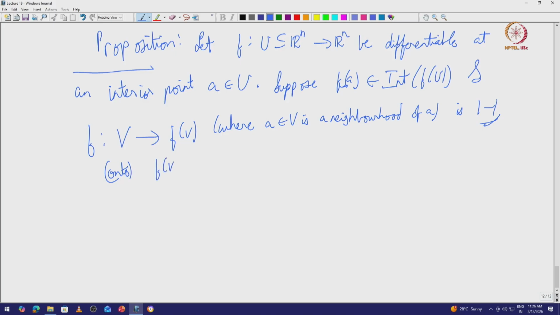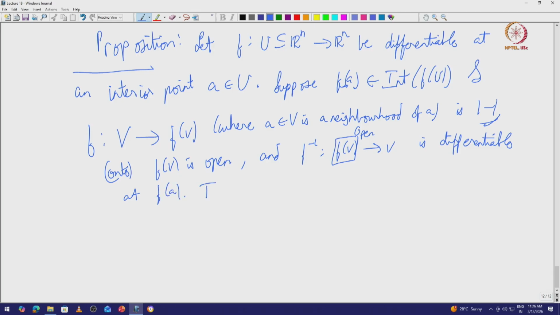F of V is open, and f inverse from f of V to V. So obviously if f is 1 to 1 from V to f of V, f inverse makes sense. The other hypothesis we are making is this is open. This is a hypothesis. F inverse from f of V to V is differentiable at f of A. So these are all hypotheses.